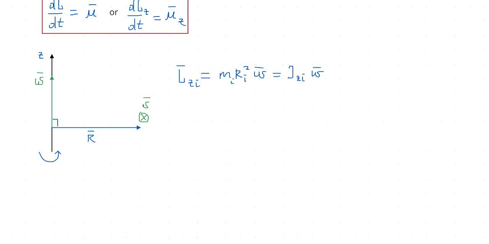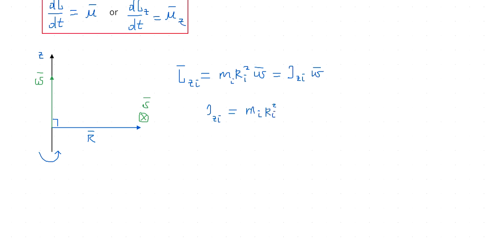So I z i is equal to m i r i to the power of 2.